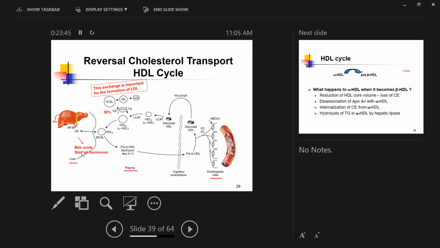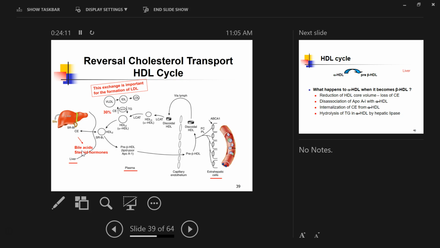And in the plasma circulation, the free cholesterol that was initially taken from the peripheral cells gets esterified to cholesterol ester, and this is done by the enzyme LCAT, present in the plasma, which catalyzes esterification of free cholesterol to cholesterol ester.